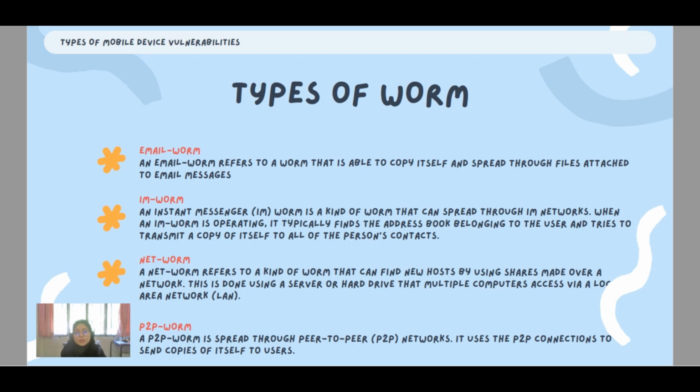So for the last type of worm, P2P worm, a P2P worm is spread through peer-to-peer networks. It uses the P2P connection to send copies of itself to users.